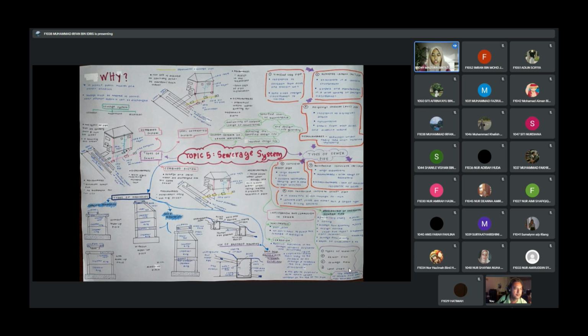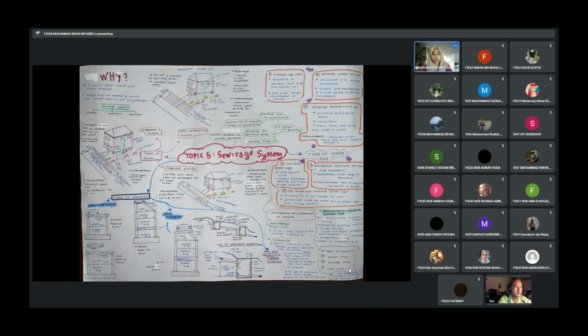Then the selection criteria of sewer material, which consists of pipe, and type of sewer pipe, which is 6 types. And then infiltration and corrosion in sewer, and the procedure of designing sewage pipe and the parameter of sewage pipe.